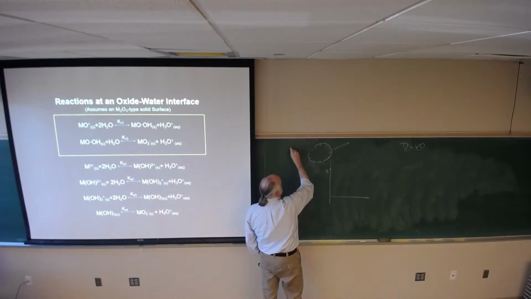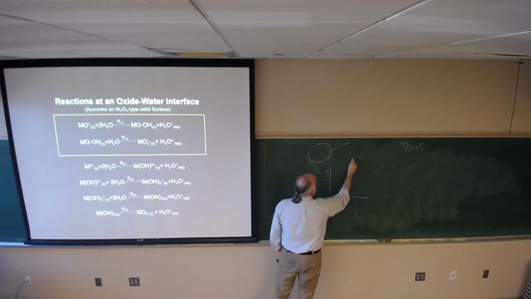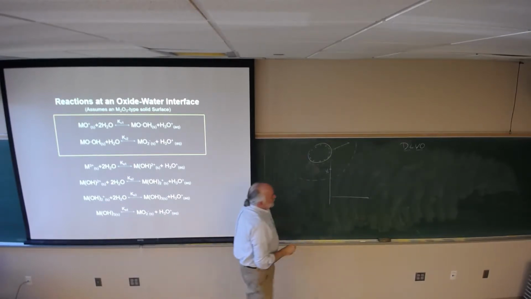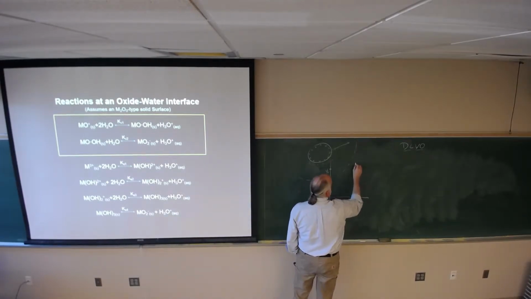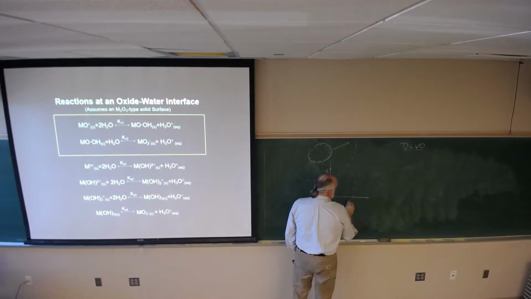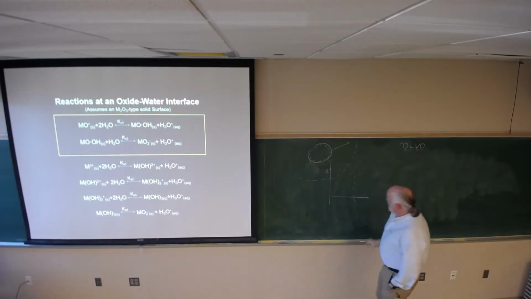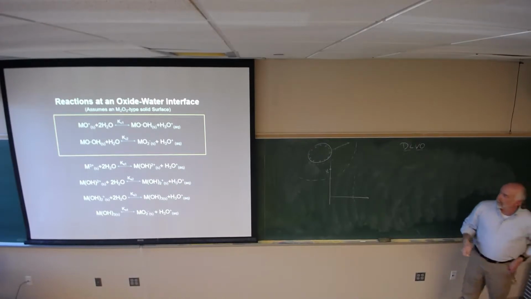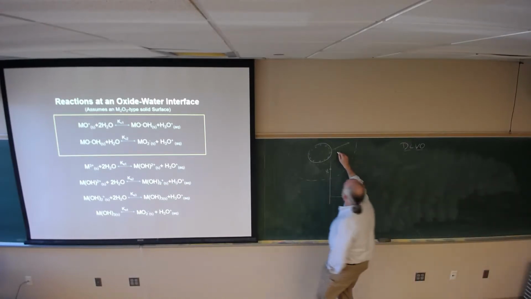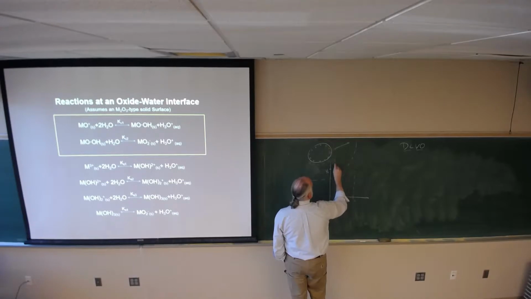Then I have a diffuse layer of ions out here, and that dictates my double layer thickness. So this is L. My double layer thickness is the edge of that diffuse layer. This layer is the Stern layer.